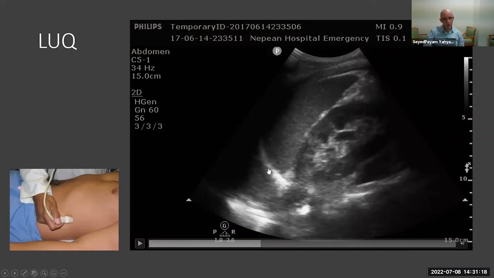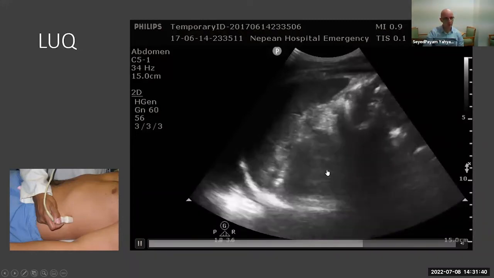This image is quite a good one, and unfortunately, usually we are not that lucky to get all three structures in the same picture. We might need to sweep once for the space between the spleen and the diaphragm, and go find the kidney in another set of images, and again sweep to get the whole space between the spleen and the kidney.